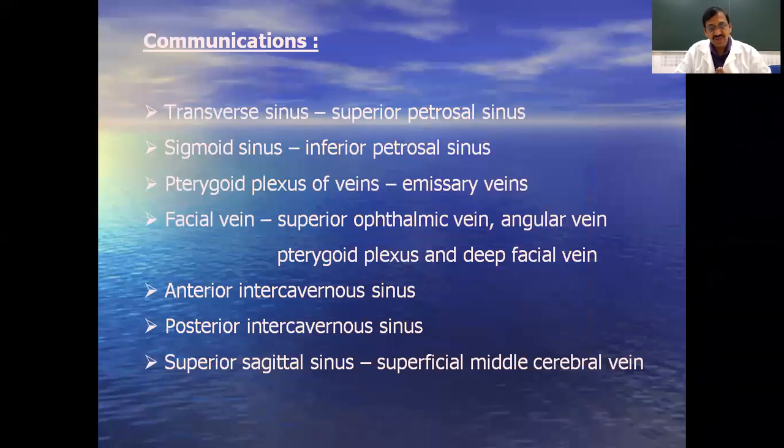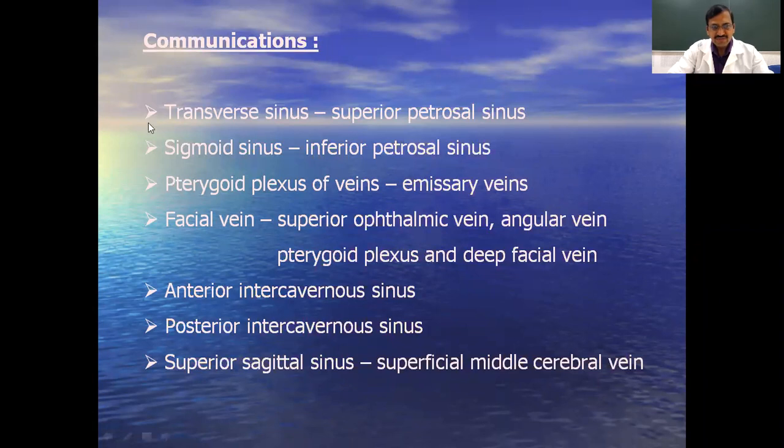This is also very, very important clinically. Because of these communications, there are more chances of spread of infection from the peripheral parts into the cavernous sinus, and it may lead to a clinical condition called cavernous sinus venous thrombosis, CSVT. This is the most dangerous clinical condition, which we will discuss later.